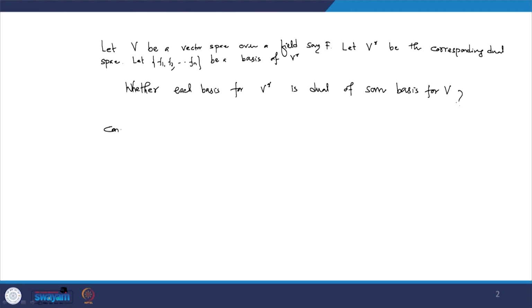Consider for each alpha belongs to V, a function L alpha on V star defined by L alpha operating on f equal to f of alpha.